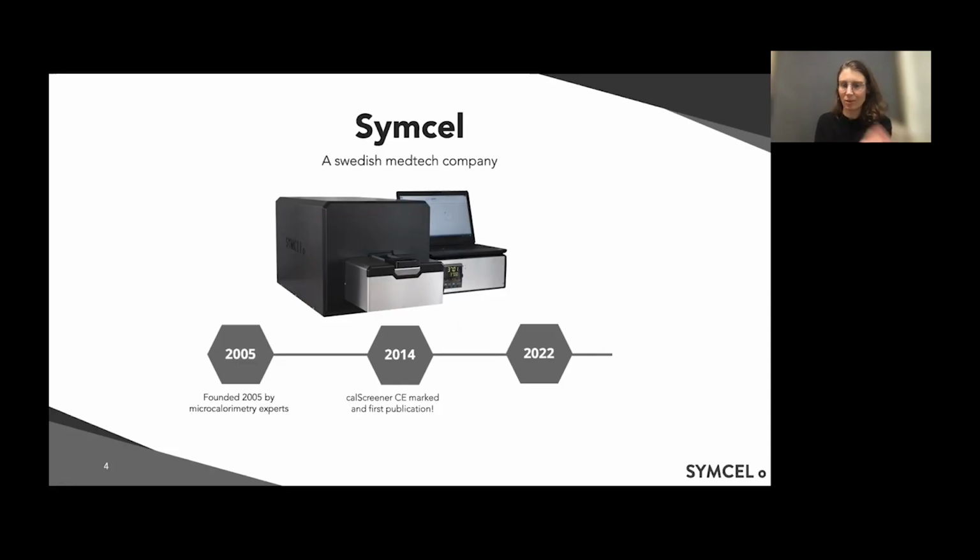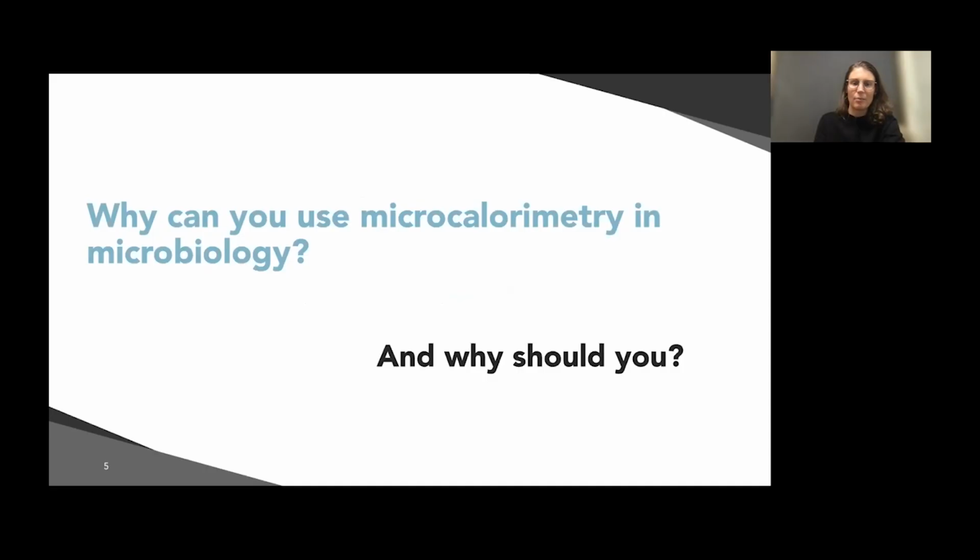But today, that is not our focus. We want to talk about probiotics analysis and development. But before we do so, I want to explain why you can actually use microcalorimetry in microbiology, and also why you actually should do so.